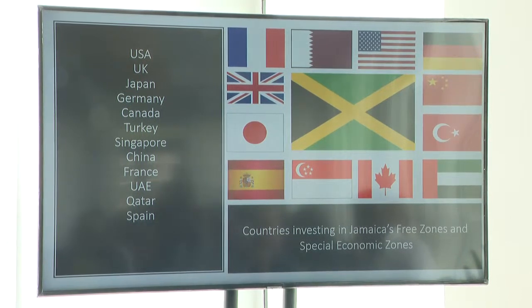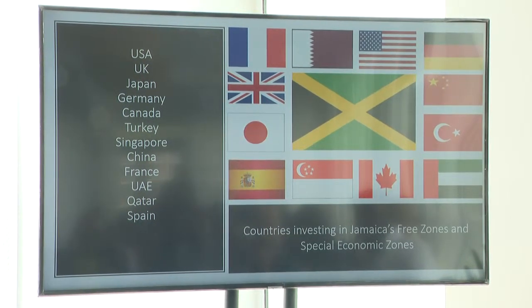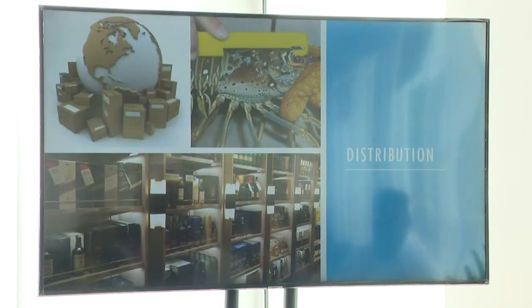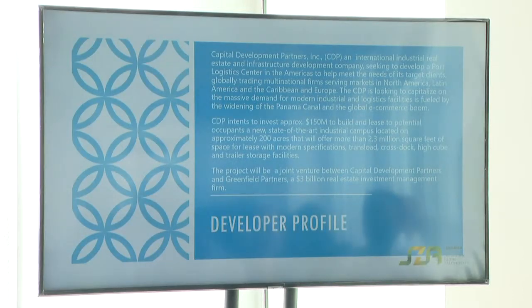And within the next 2 years, you'll be seeing some very exciting projects rolling out. When you go to the slide, you'll see I give an example of a developer profile and the scale of developers who are looking at Jamaica. They're looking at 100 million US projects, 200 million US projects, in some cases $500 million US projects.